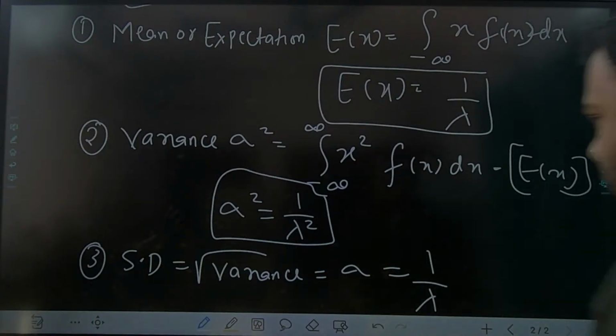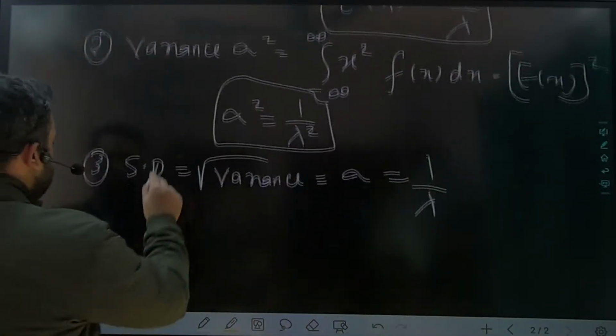And the last distribution, which is slightly important, is the normal distribution or Gaussian distribution.